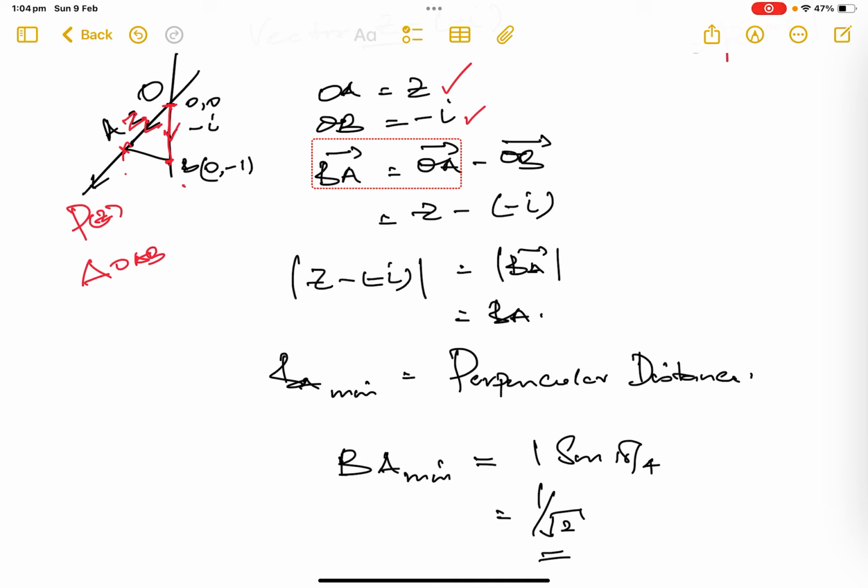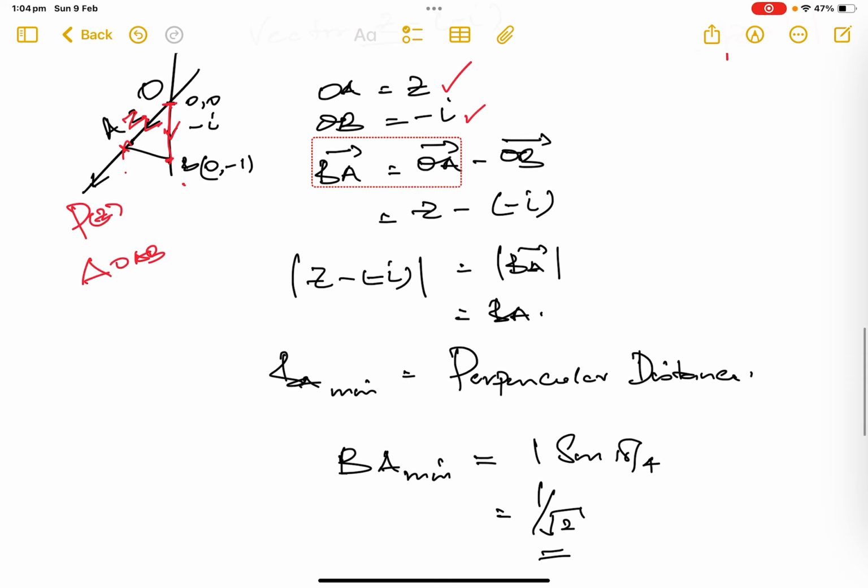But that distance, BA or AB, if it is to be a minimum, then it has to be perpendicular. It's a distance from a point to a line, and it will be minimum when that line is perpendicular. So BA minimum is the perpendicular distance.